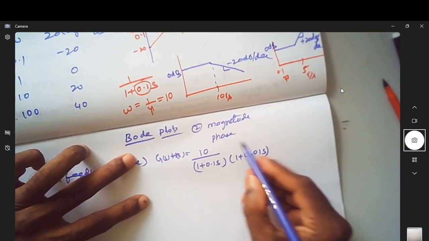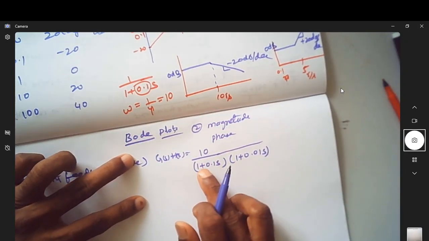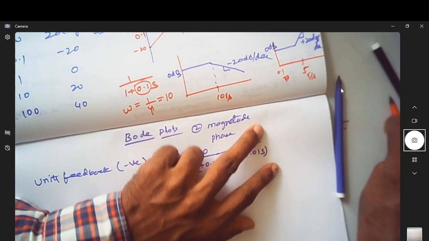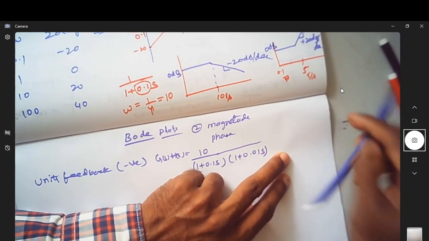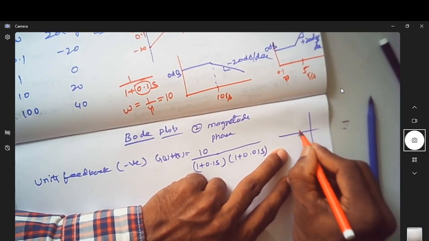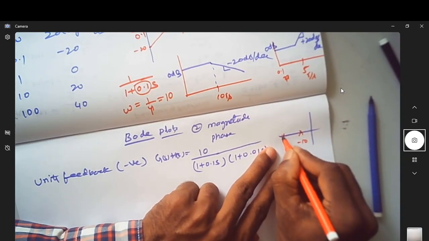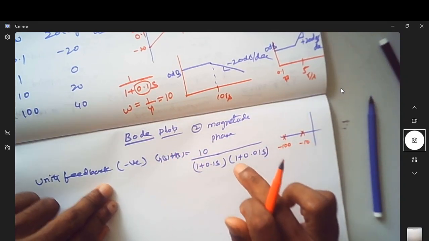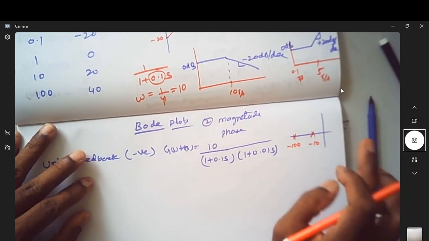Assume that these two are the poles, at minus 10 and minus 100. Suppose I write the pole-zero plot of this, will it not look like this? There is a pole at minus 10, and there is a pole at minus 100. So this is a second order system having poles at finite points.